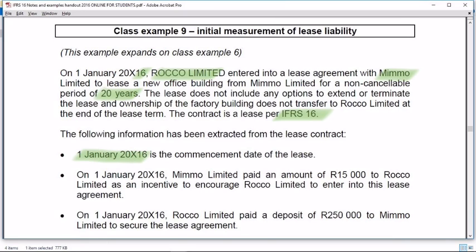We have 1 January X16 as my commencement date. On 1 January X16, Mimo Limited, being the lessor, paid an amount of 15,000 Rand to Rocco Limited as an incentive to encourage Rocco Limited to enter into this lease agreement. On 1 January 2016, Rocco paid a deposit to Mimo Limited to secure the lease agreement.